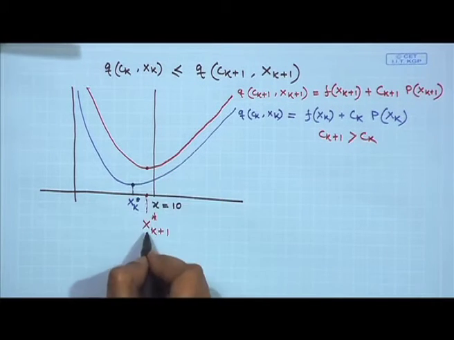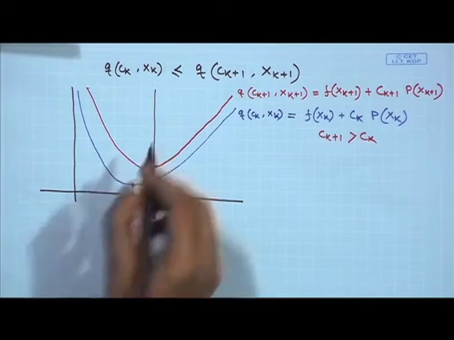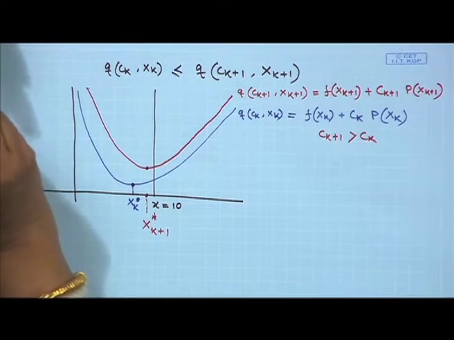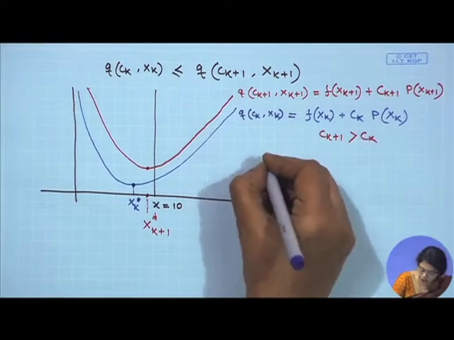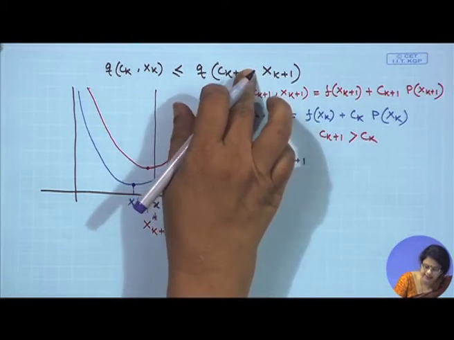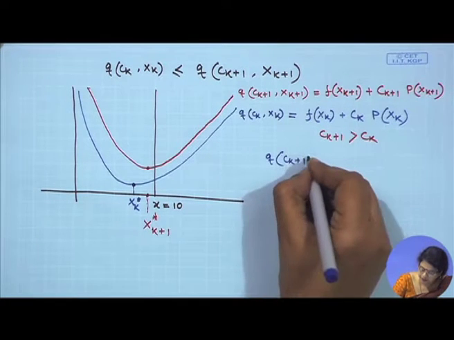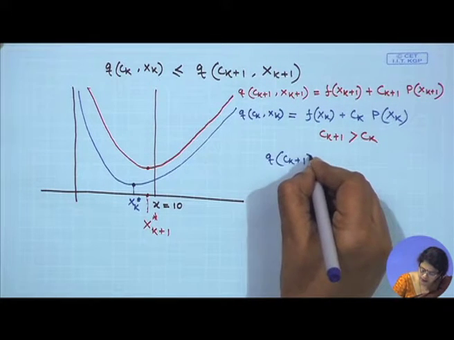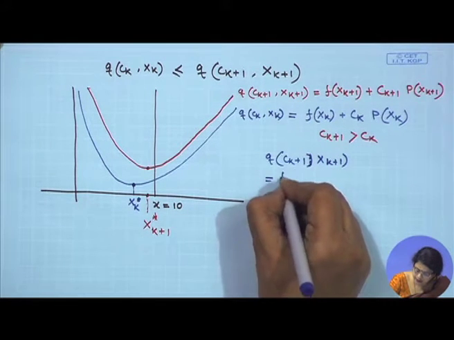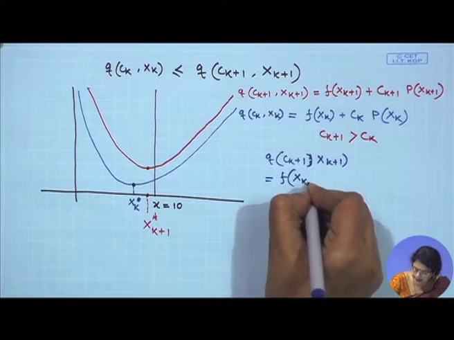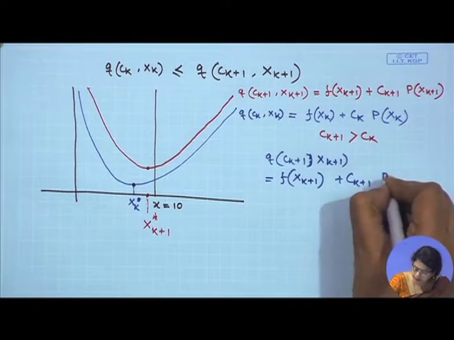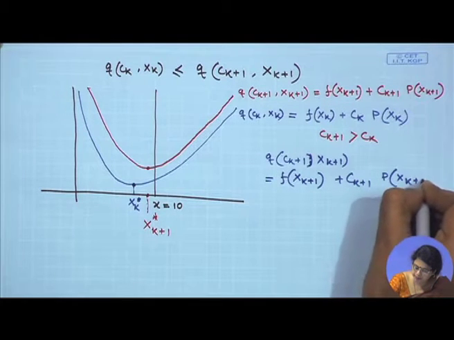That is why, if this is Ck plus 1 this way, now we need to prove this one. Let me start from the calculation, from the value of Q(Ck plus 1). I need to prove that this is better than this. Q(Ck plus 1, xk plus 1) is equal to, just you see the calculations, f(xk plus 1) plus Ck plus 1 P(xk plus 1).